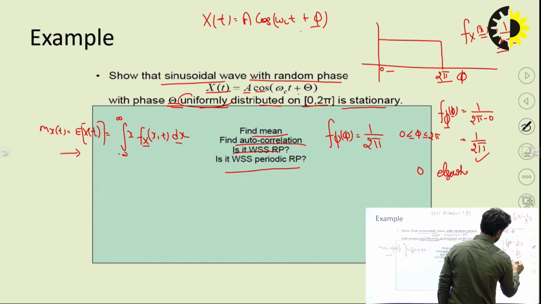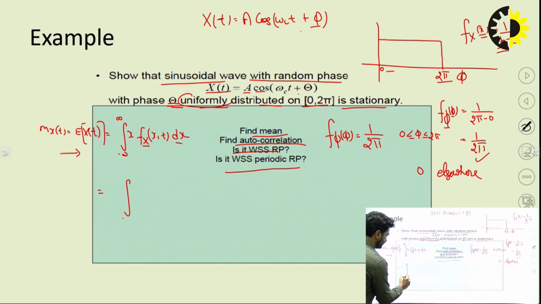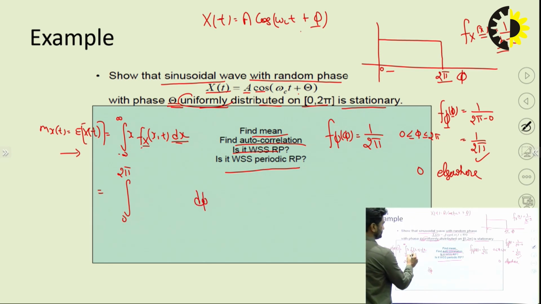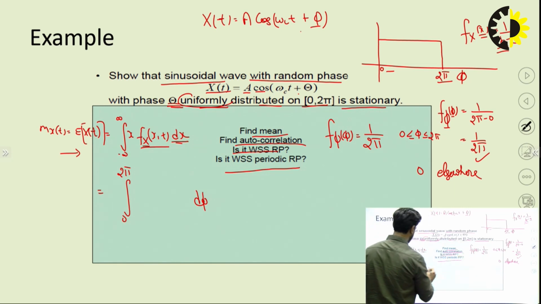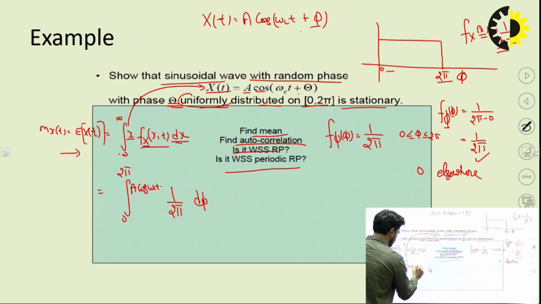So here we are changing the limit also. The limit will become 0 to 2 pi, because here the variable was x, and now the variable will become phi. We replace f of x by f of theta, that is 1 by 2 pi, and this x will be replaced by our random process, that is A cos(omega_c t + phi).